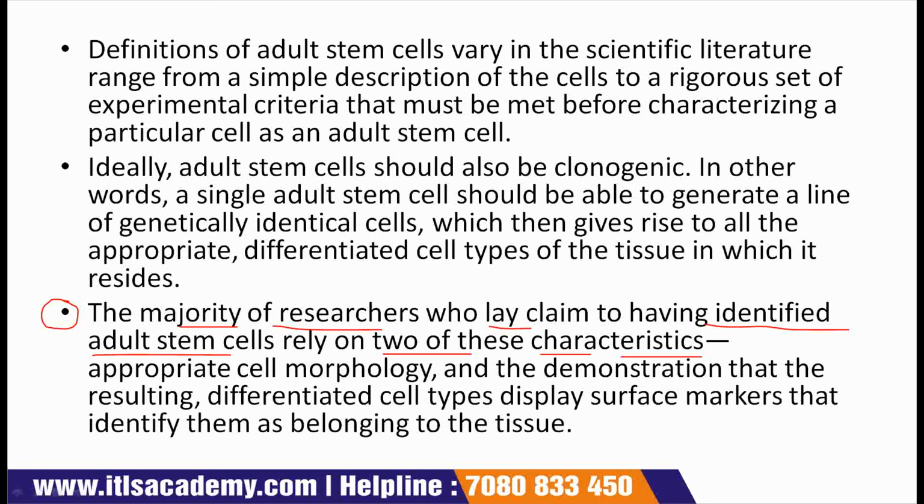These characteristics are appropriate cell morphology and the demonstration that the resulting differentiated cell types display surface markers that identify them as belonging to the tissue.